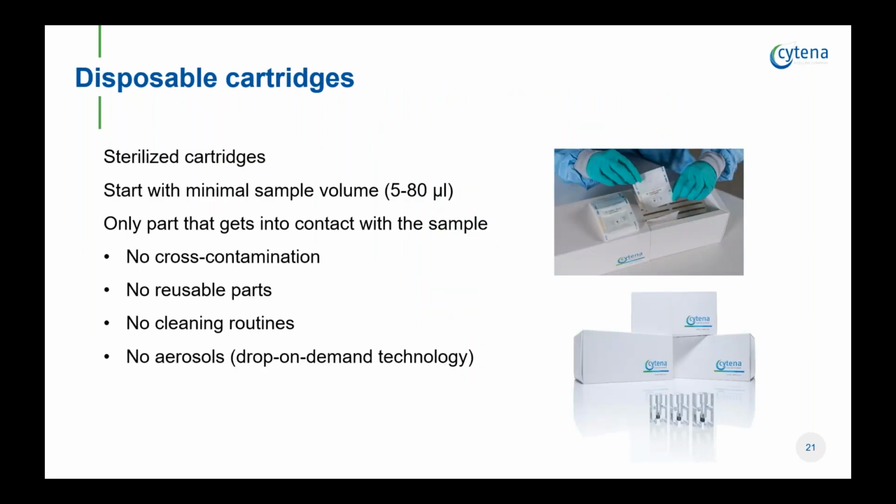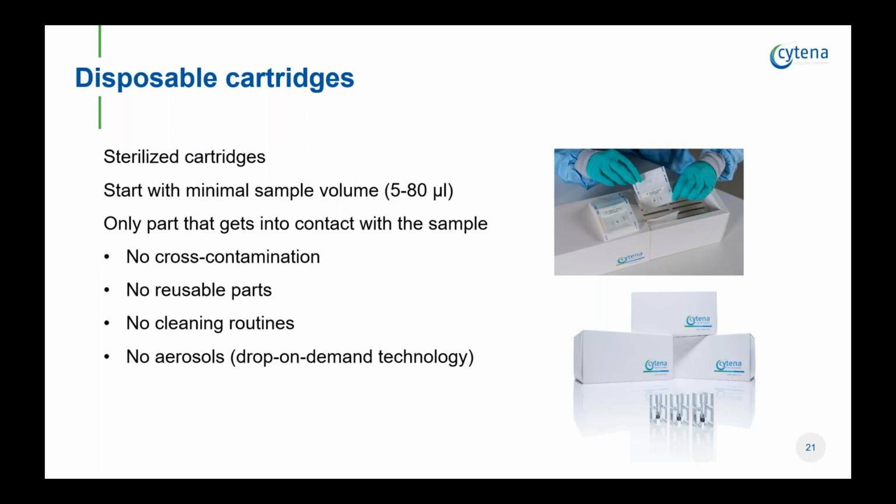All instruments use sterilized disposable cartridges to eliminate the risk of cross-contamination, and they come in a pack of 10 and are individually packed, which is especially useful when you work with pathogenic organisms or clinical samples. And this is the only part that gets into contact with your sample during the entire process.